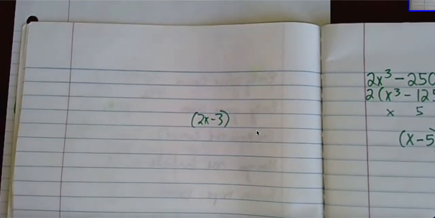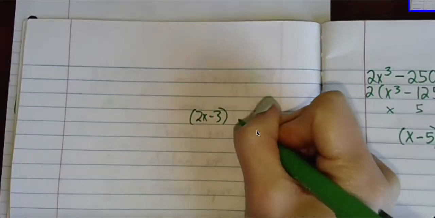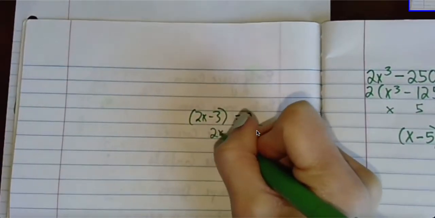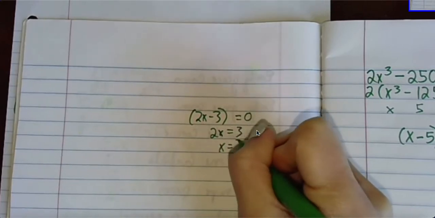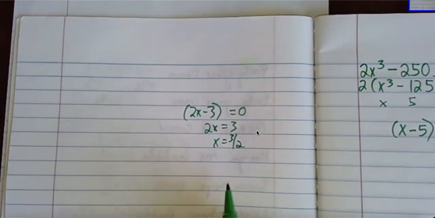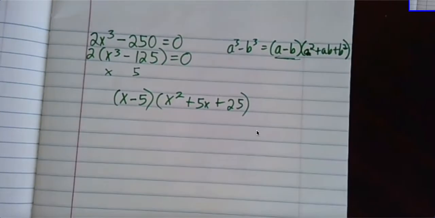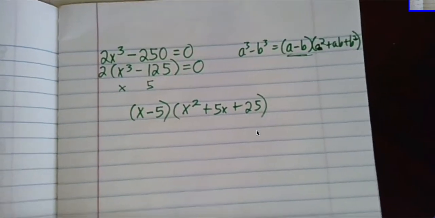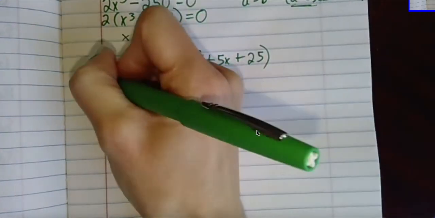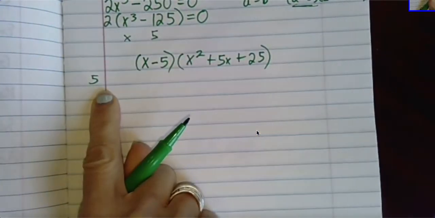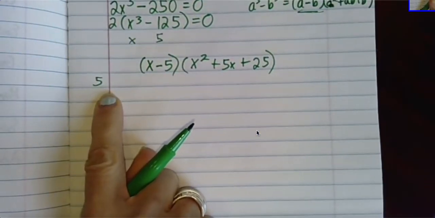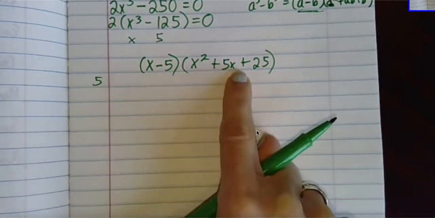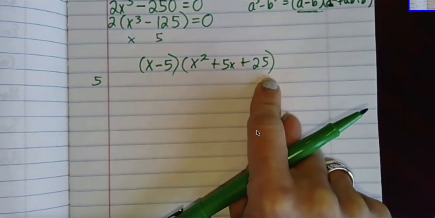Remember, that's 3 halves, if you set that equal to 0, you would add 3 and then divide by 2. But for this one, we have 5 as one of our answers. Write that down. Don't forget about that one. This one, I cannot factor.